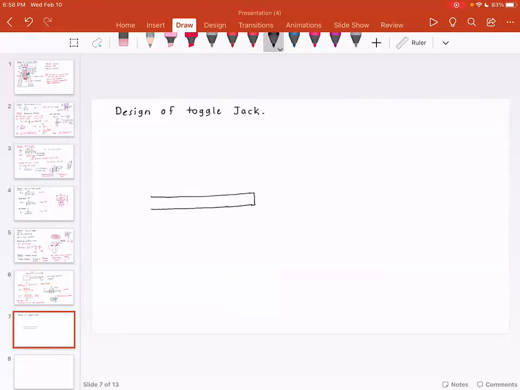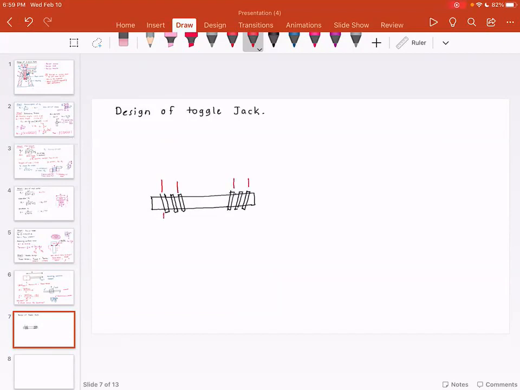And just like a turnbuckle, it has left hand and right hand threads on either side. On one side, it has left hand threads, and on the other side, it has right hand threads. And then there will be a nut.